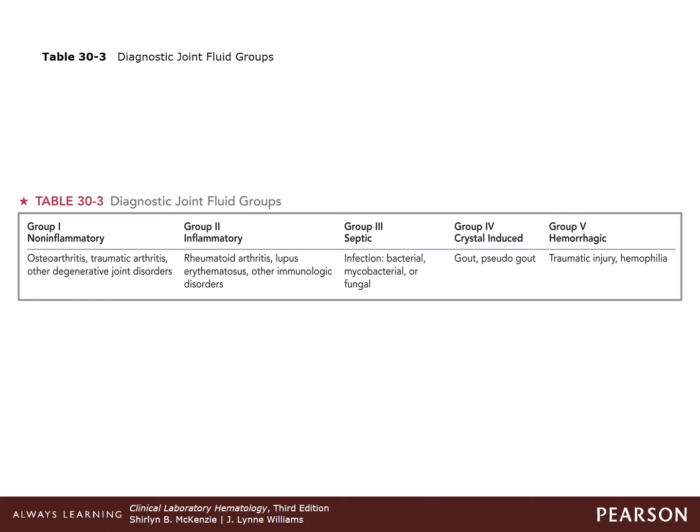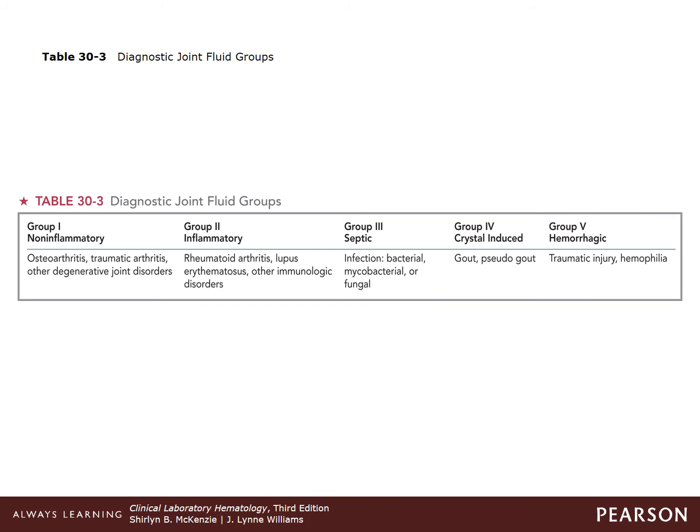As you're seeing in the groups, Group 1 is non-inflammatory, due to some kind of traumatic arthritis, osteoarthritis, or other joint disorder. In Group 2, we begin to get into inflammatory conditions like rheumatoid arthritis, lupus, and other immune disorders.